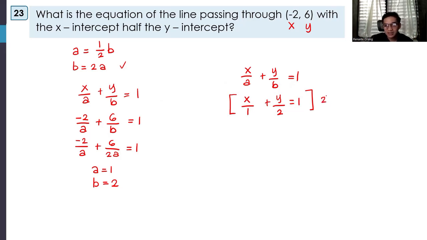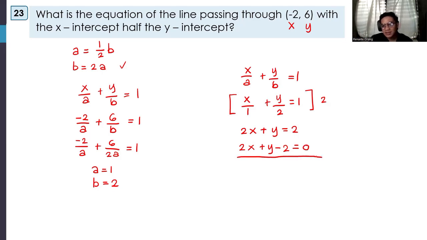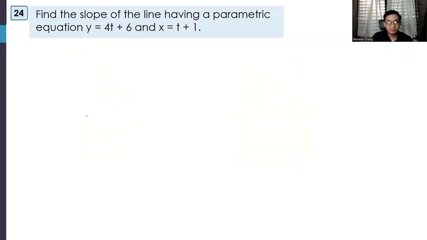So, magiging x times 2 divided by 1 is 2x, plus y over 2 times 2 is y, kasi cancel out. Sa kabila, 1 multiplied by 2 is 2. So, rewrite lang natin, magiging 2x plus y. Lipat sa kabila, magiging negative 2 is equivalent to 0, and this is our final answer.